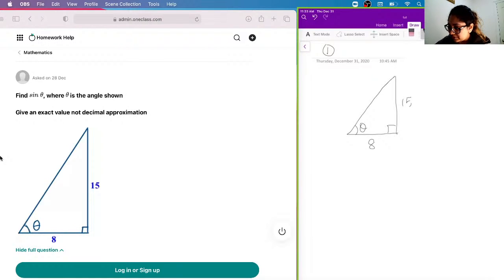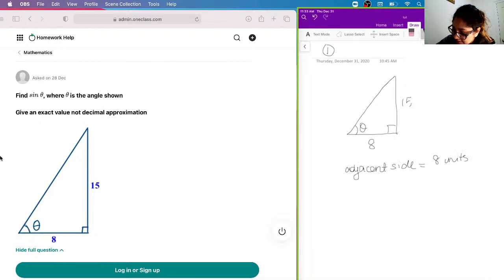So when we are dealing with these types of questions, first let's write down what we know here. The adjacent side from theta, which is the one that's right next to it, is 8 units.